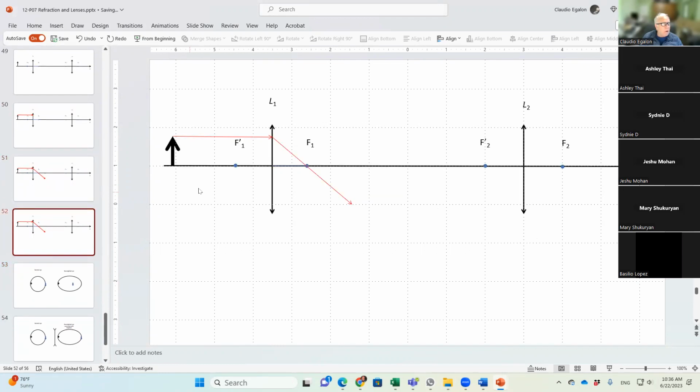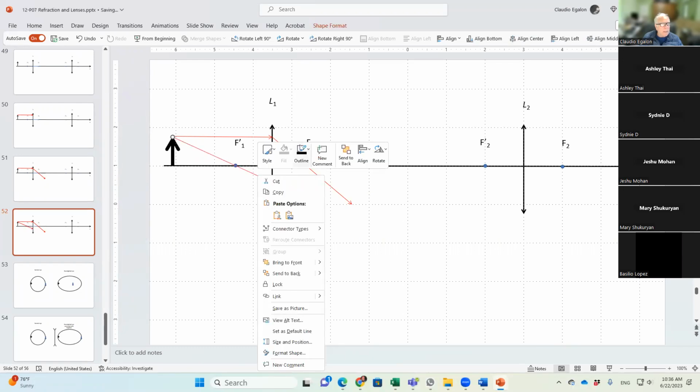And then we're going to need another light ray. And I'm going to draw it in a different color so you can distinguish. I'm going to make it black.